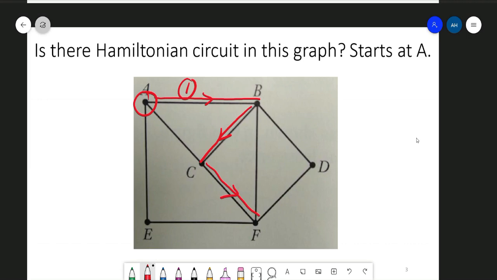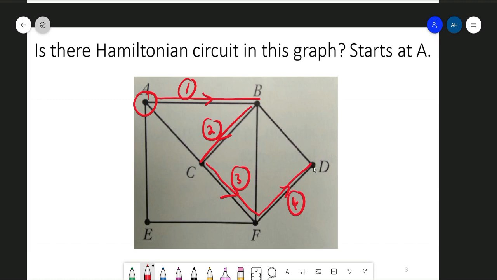So this is route number 2, and then this is number 3. Now we are at vertex F, and we need to go to vertex D. So how to do that? Yes, we can go this way. That's number 4.